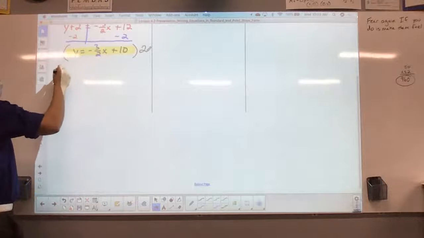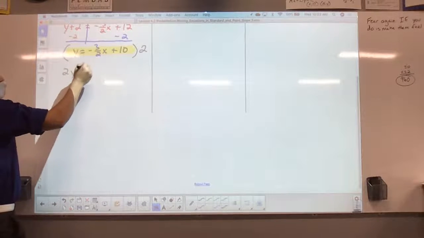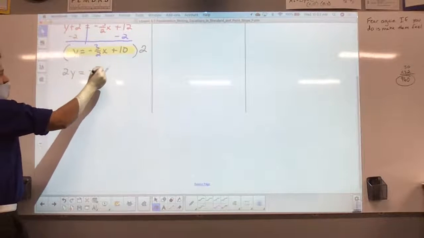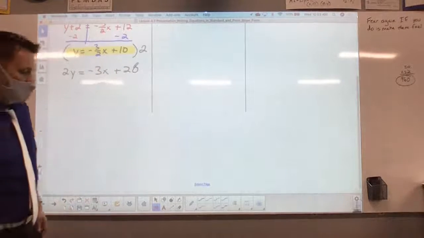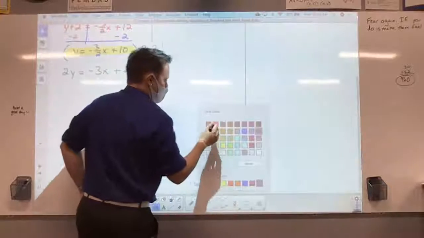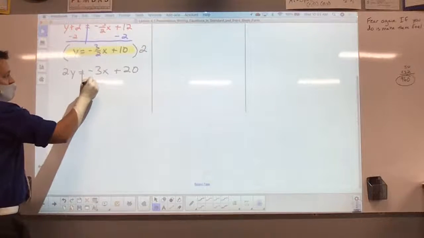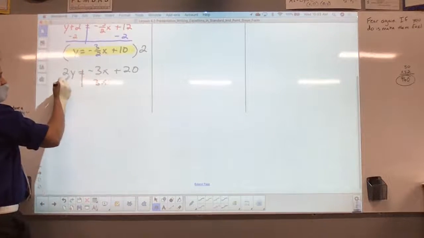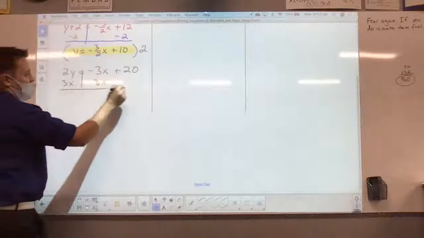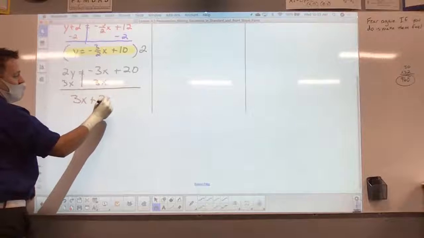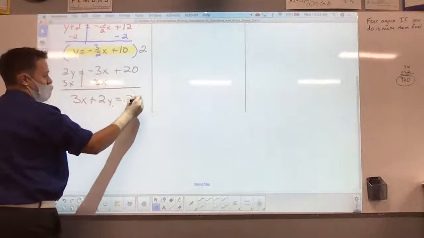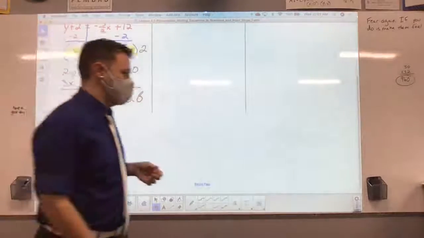That way it's 2y equals negative 3x plus 20. And then the last step is to add 3x to both sides, so that there's a 0 there. And now you have 3x plus 2y equals 20, and that, ladies and gentlemen, is your standard form.